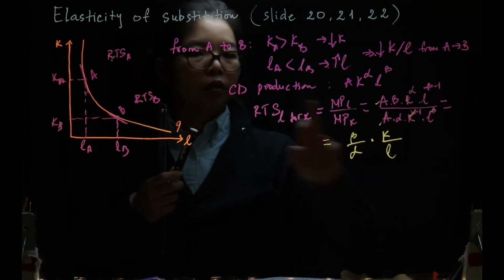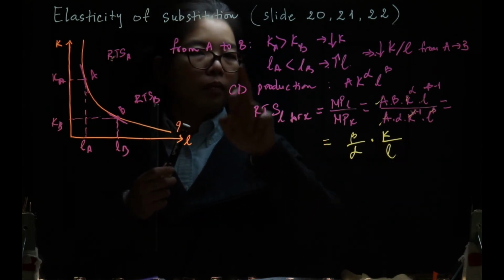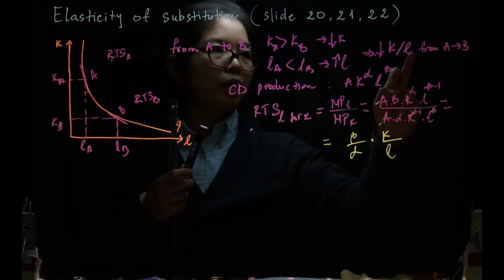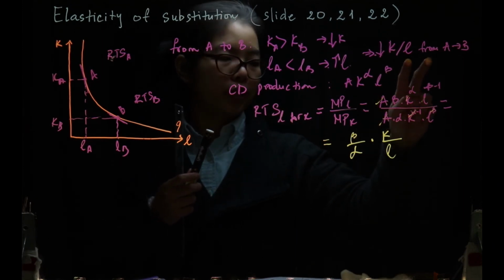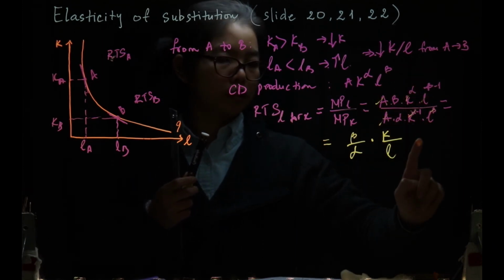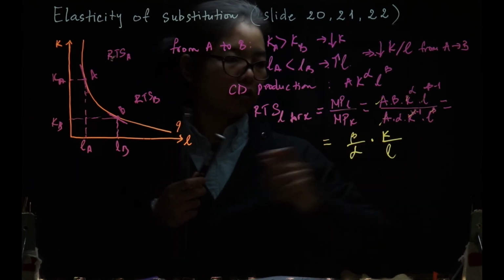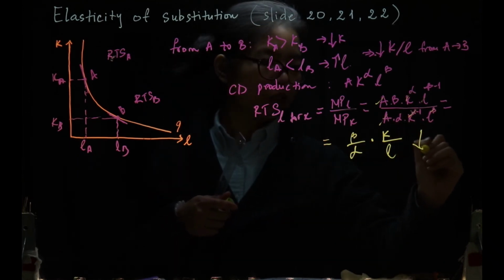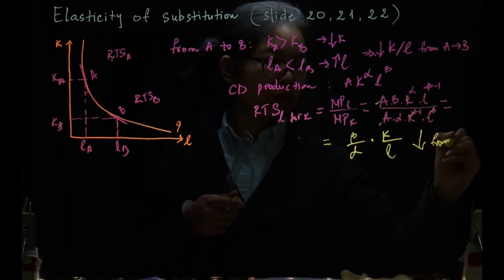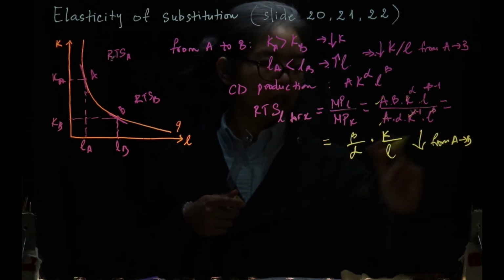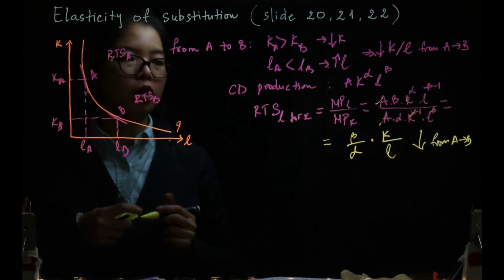So now, when you move from A to B, we said that K over L will decrease, and RTS will also decrease. Because here you exactly have K over L, right?